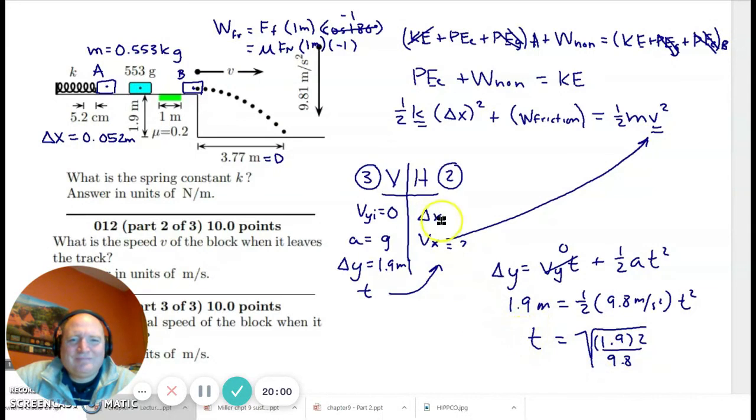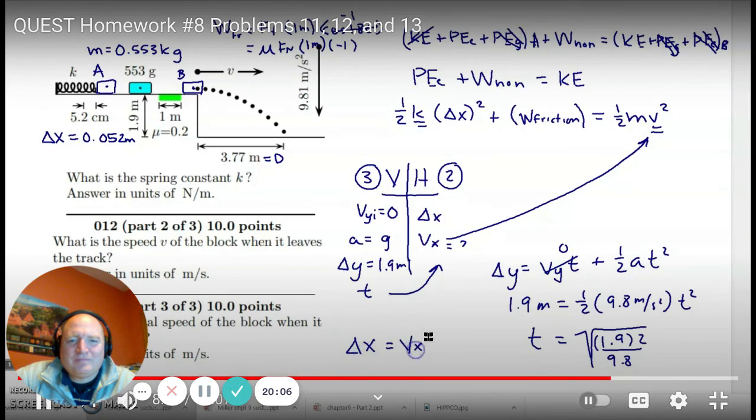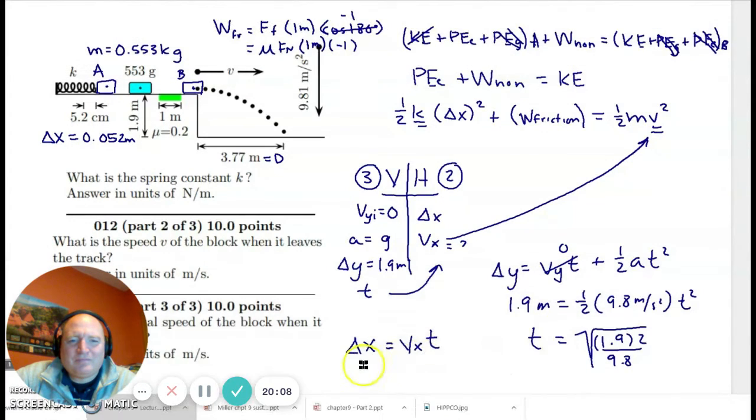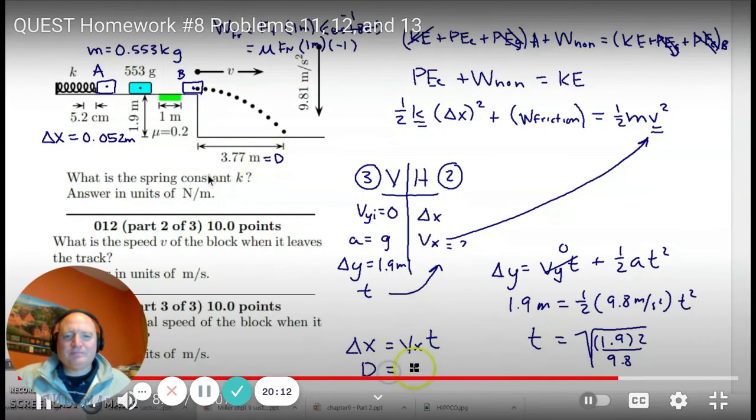Once you have your time, you're going to take that over to the horizontal equation, and you have one and only one horizontal equation because the horizontal velocity is constant. And you have your horizontal distance that was traveled, and you're looking for Vx.